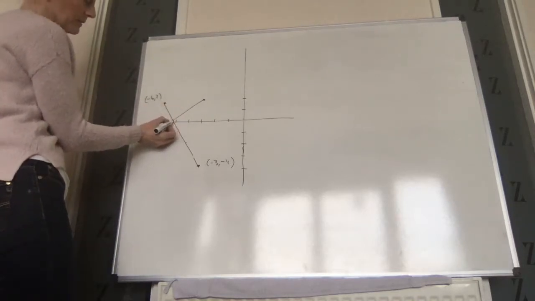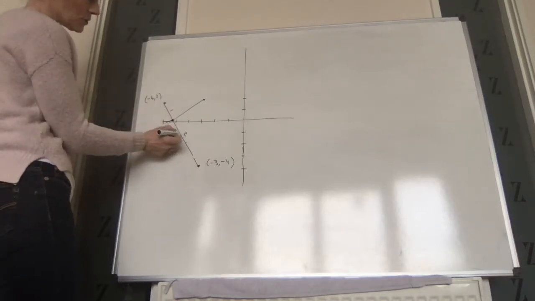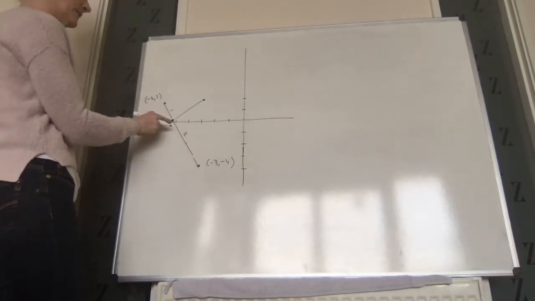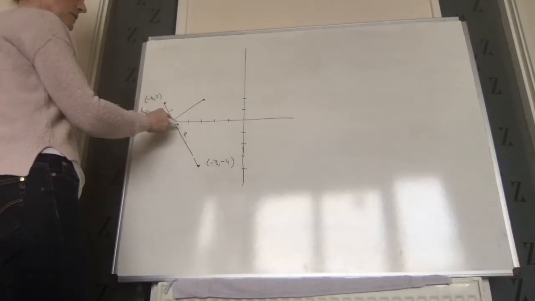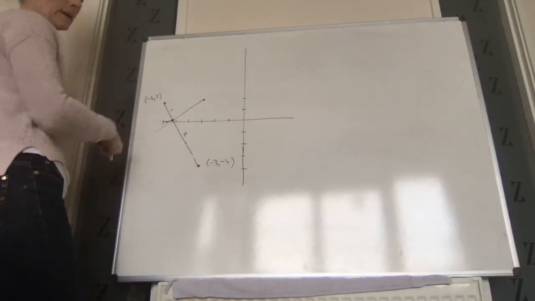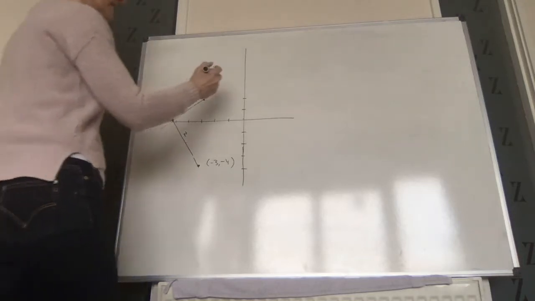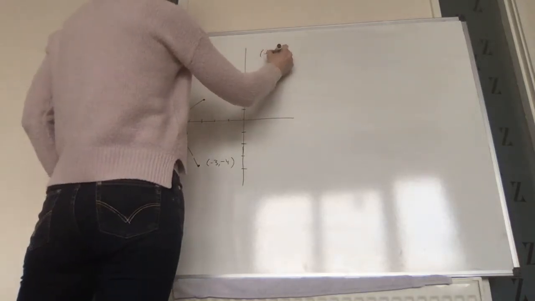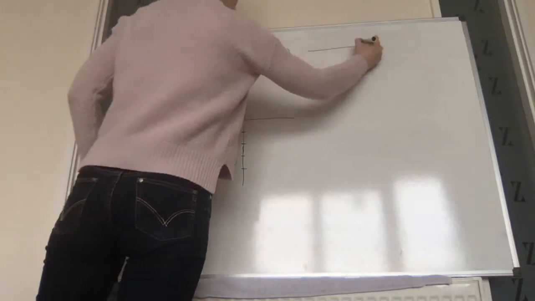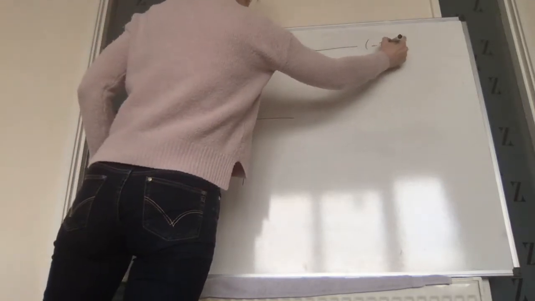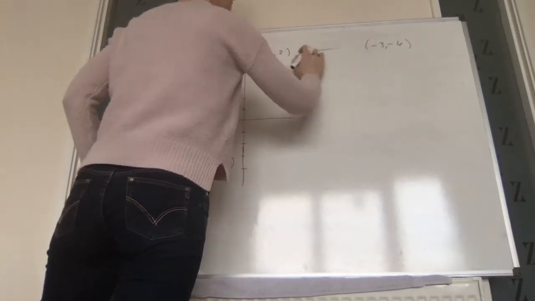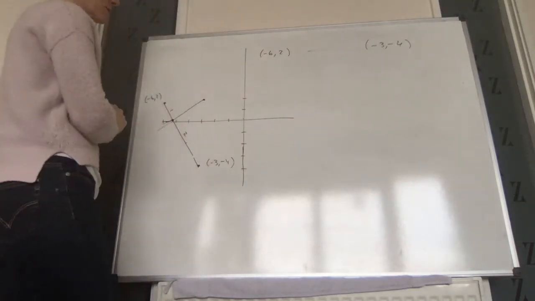If we find the point that divides this line segment in the ratio 1 is to 2, then we can find the equation of this line by getting the slope and using the formula. So we need to find the point that divides (-6, 2) to (-3, -4) in the ratio 1 is to 2.